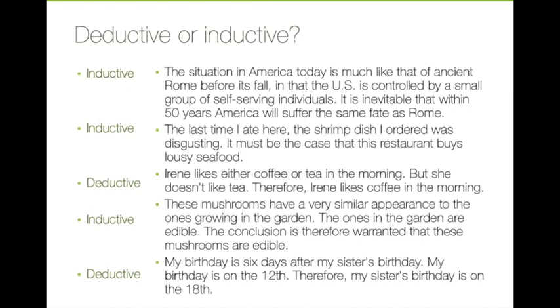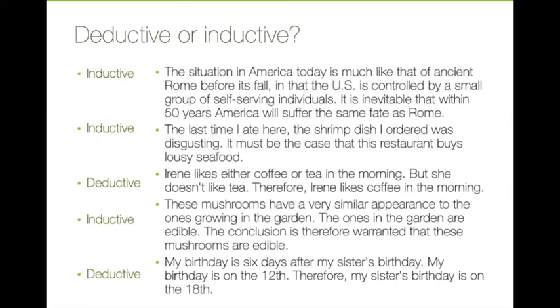The first argument. The situation in America today is much like that of ancient Rome before its fall, in that the US is controlled by a small group of self-serving individuals. It's inevitable that within 50 years, America will suffer the same fate as Rome. We should see that this argument is inductive.